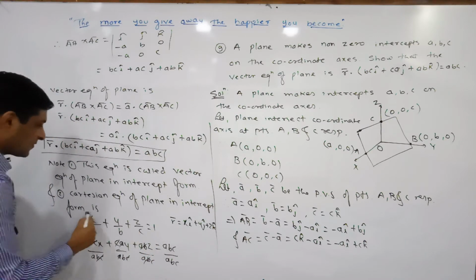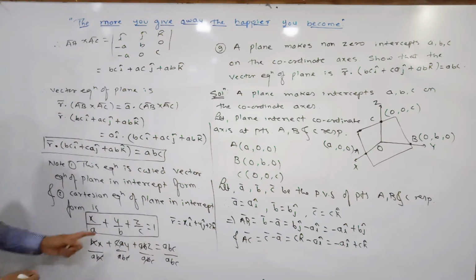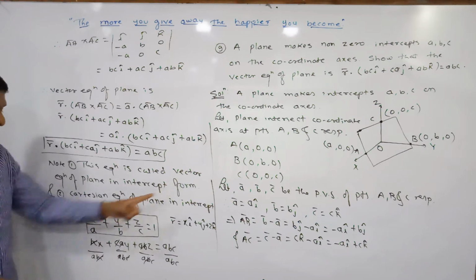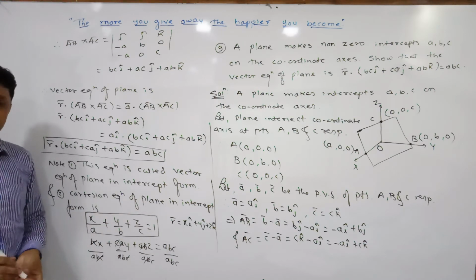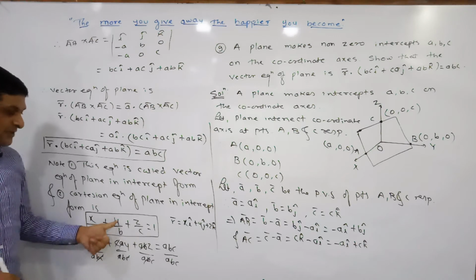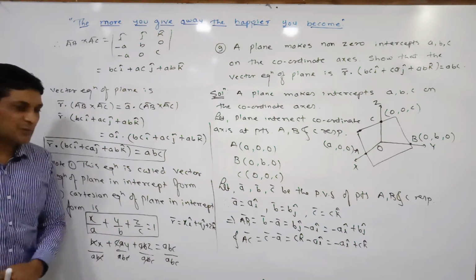In this way we have got the Cartesian equation of plane in intercept form. The formula is X upon A plus Y upon B plus Z upon C is equal to 1.